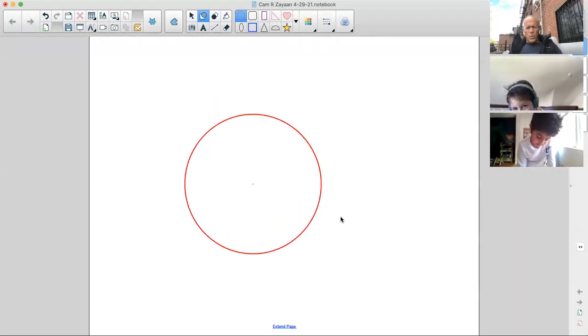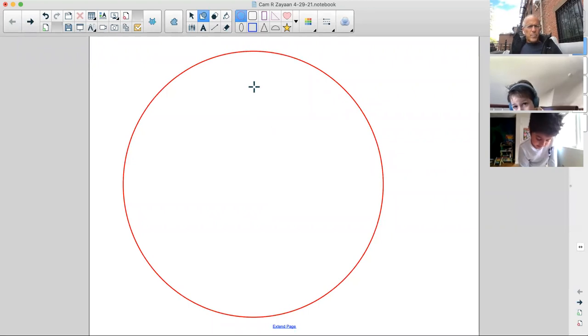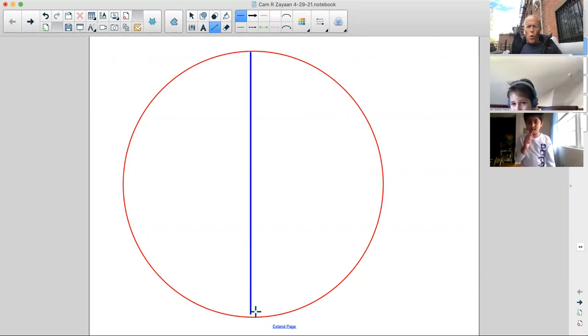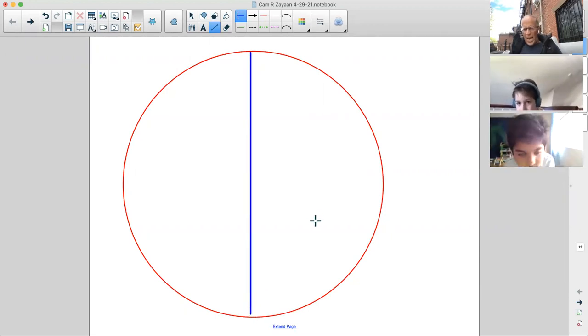So you see a circle in front of you, right? A half is just divided into two parts. There's no problem cutting a circle in half.